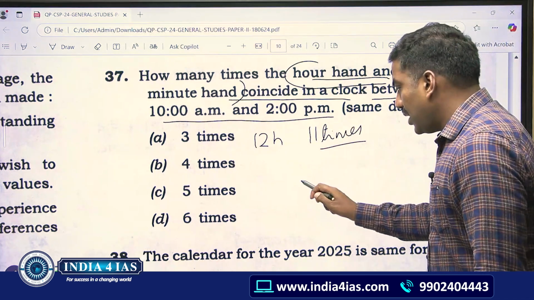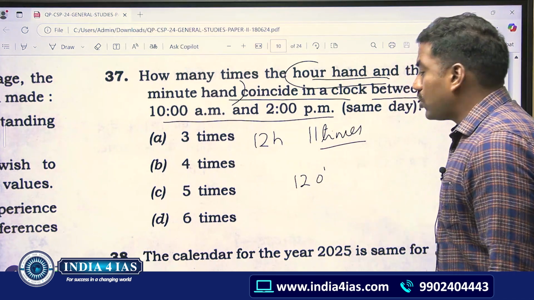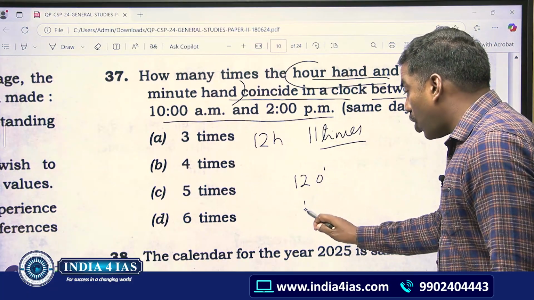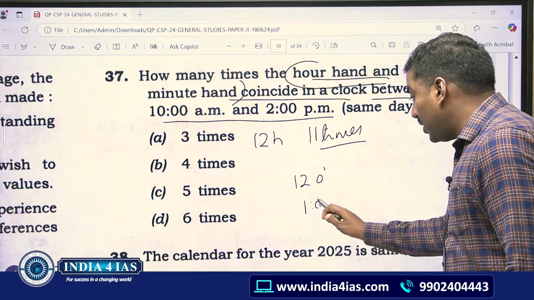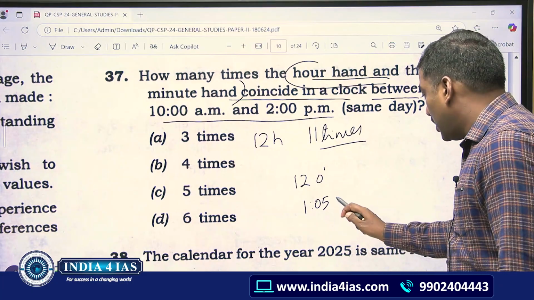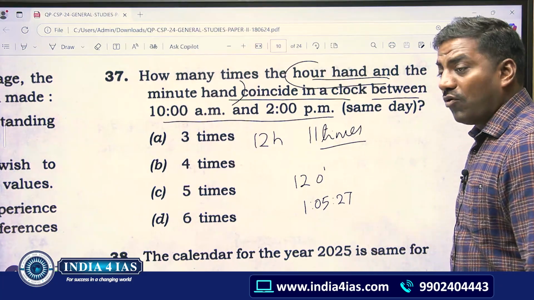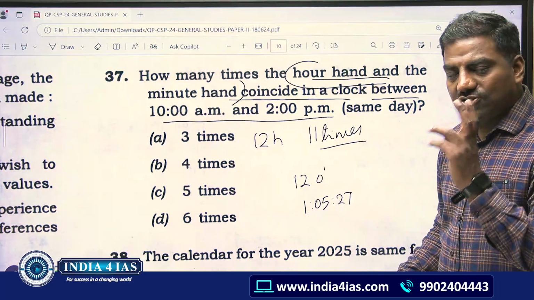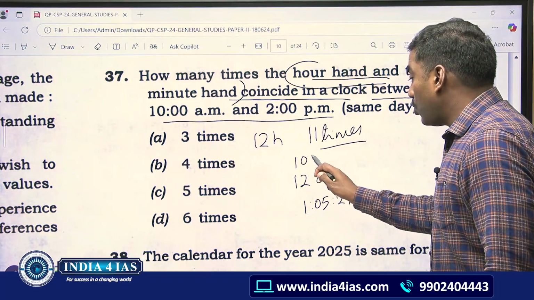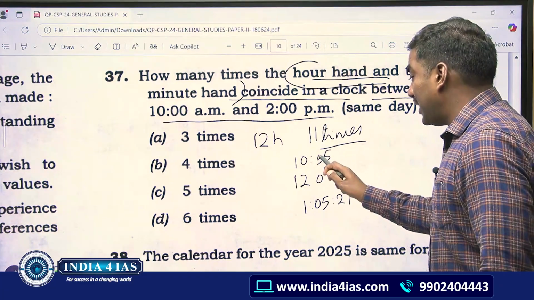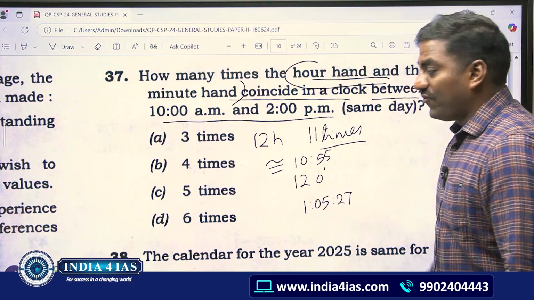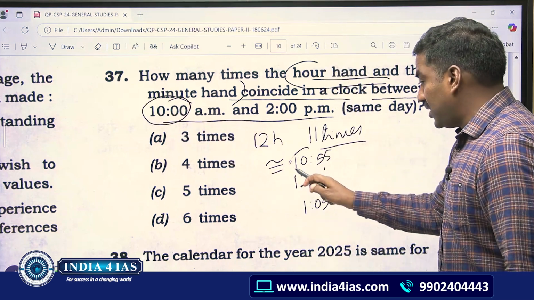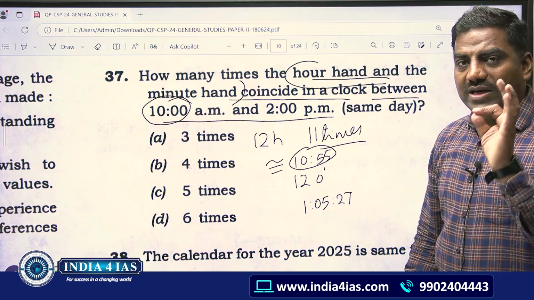Now, at 12 o'clock, they meet each other. Then after 1 o'clock, somewhere around 1:05 and 27 seconds, they will meet again. But before 12 o'clock, try to imagine, somewhere around 10:55 approximately, they will meet. So after 10 o'clock, they will meet just before 11 o'clock, around 10:55.